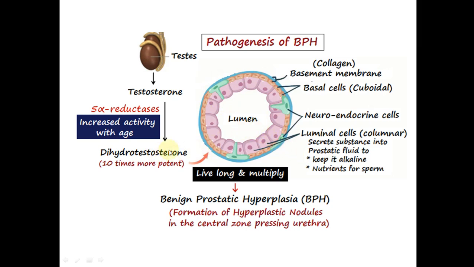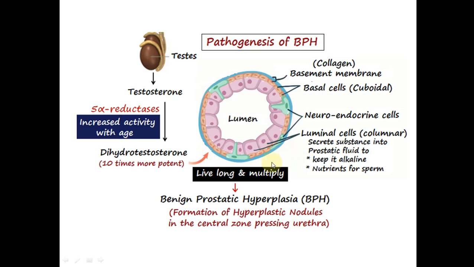But actually, this dihydrotestosterone causes increased proliferation and growth of the glandular cells of the prostate, and that is the major cause of benign prostatic hypertrophy.